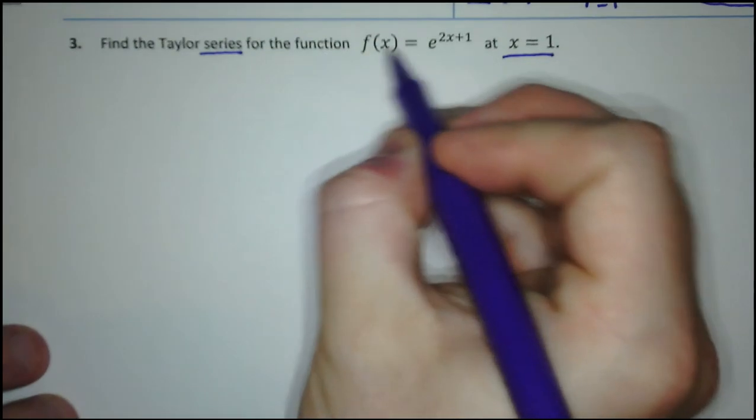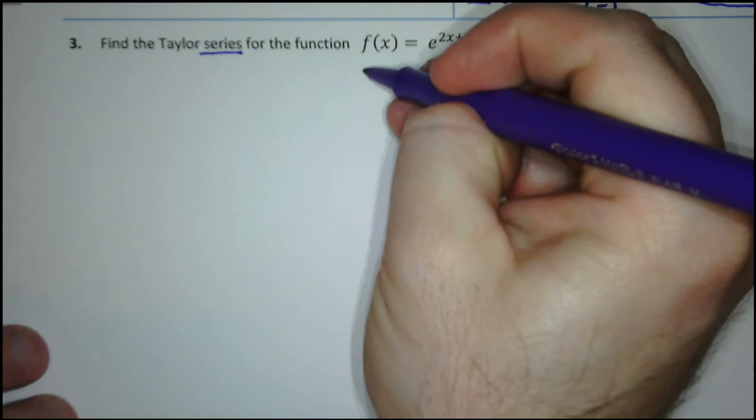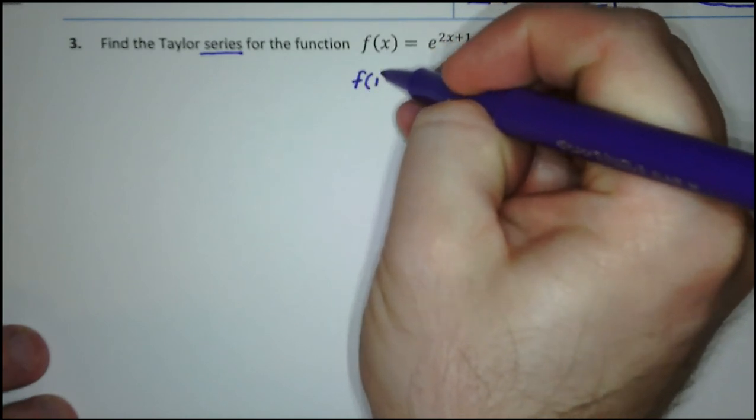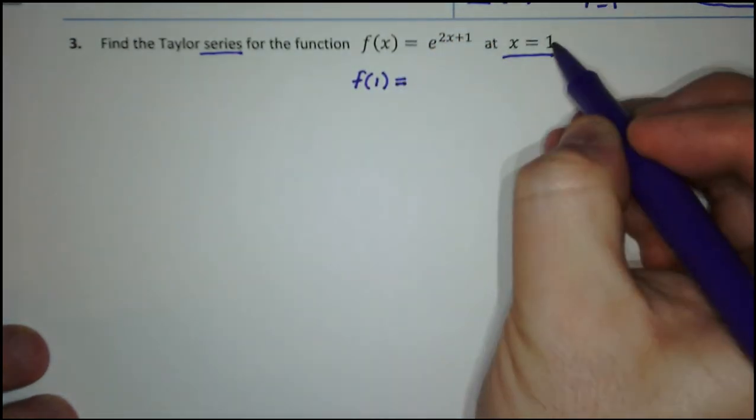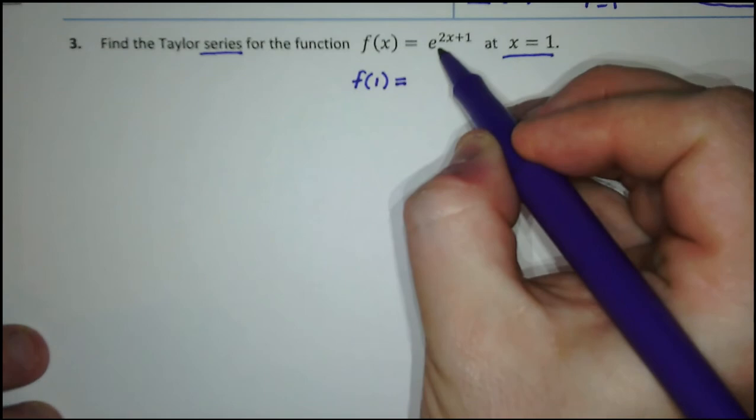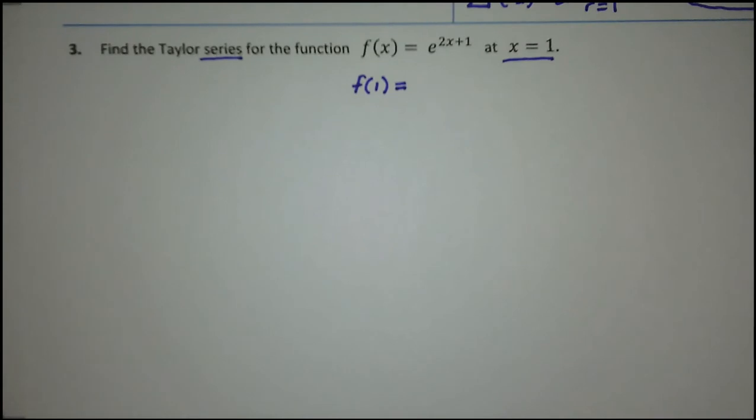So there's our original function, and f of 1, because we're going to be plugging in 1, f of 1 would equal e to the 3rd. Yep.